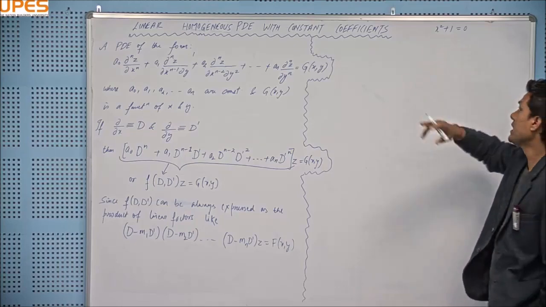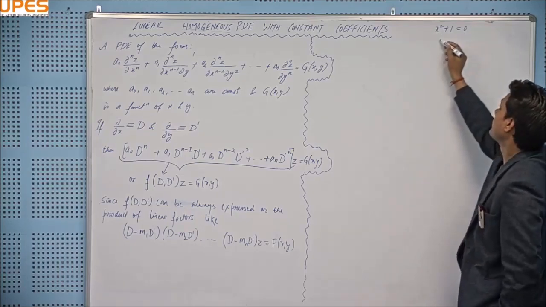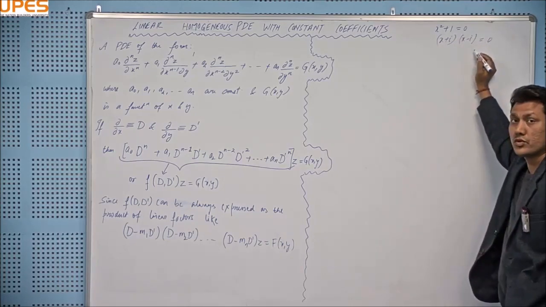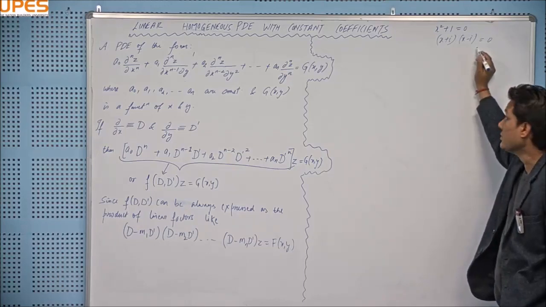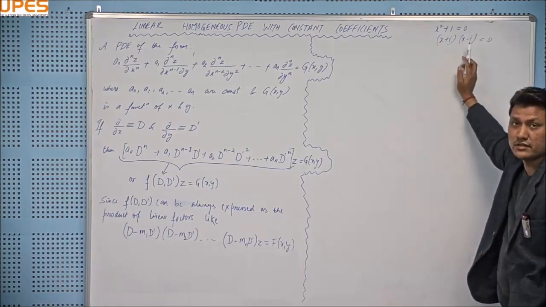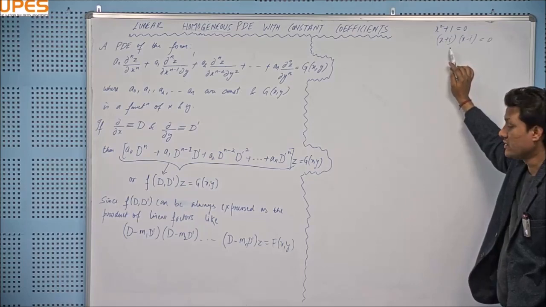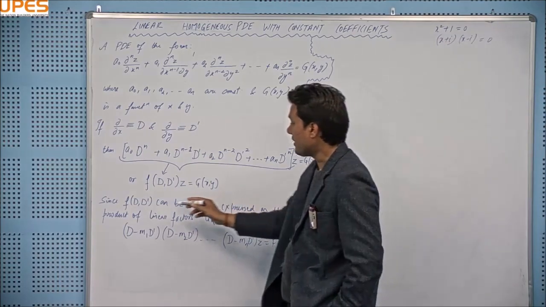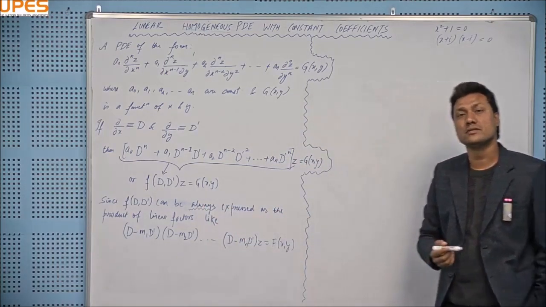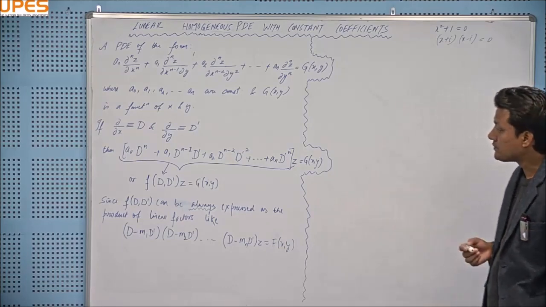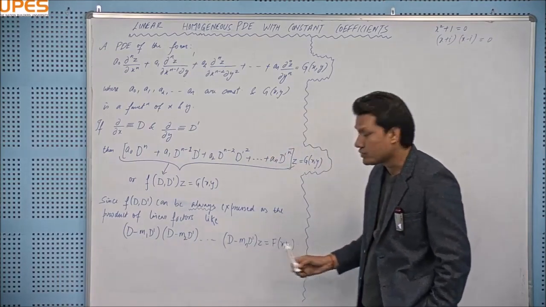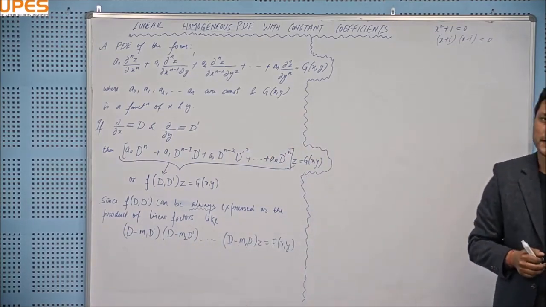But if you allow x to be a complex number, then you can always factorize it as x plus i, x minus i equal to 0. That's why we have written that f D comma D dash can always be expressed as a product of linear factors, because we allow m1, m2 up to mn to be complex numbers, right?